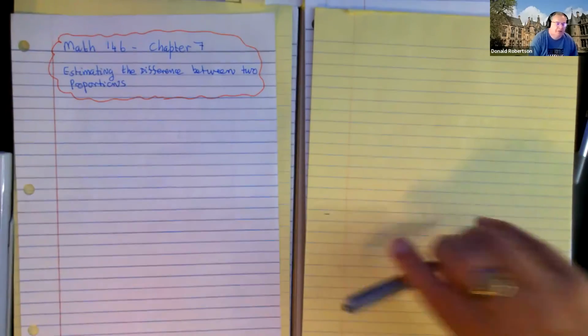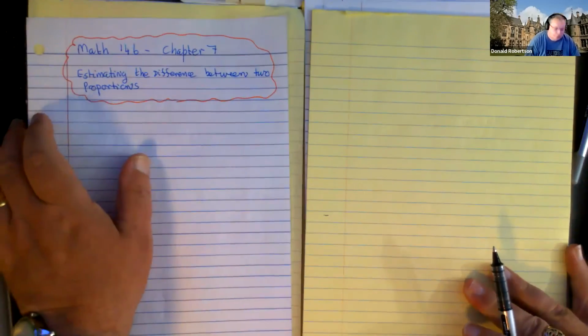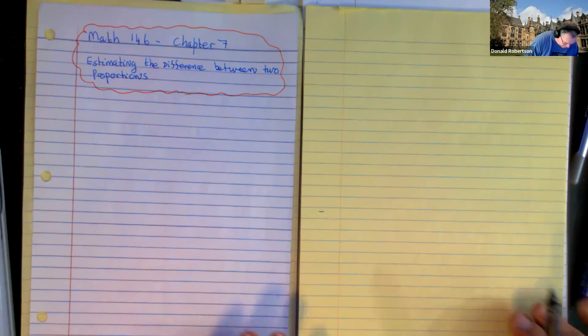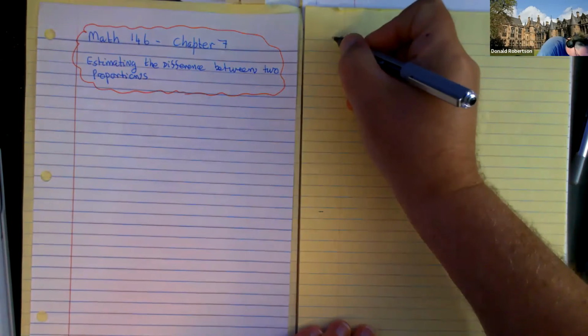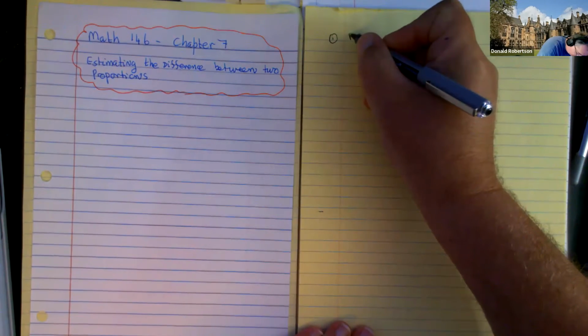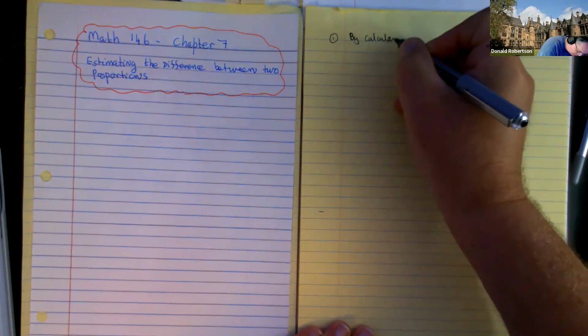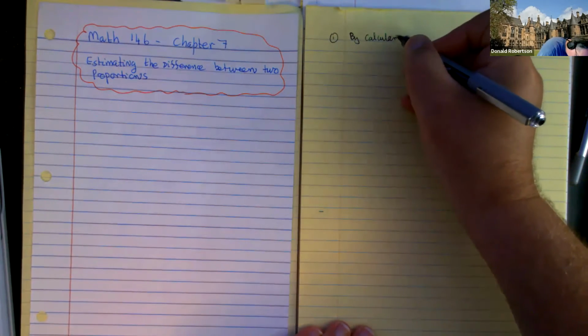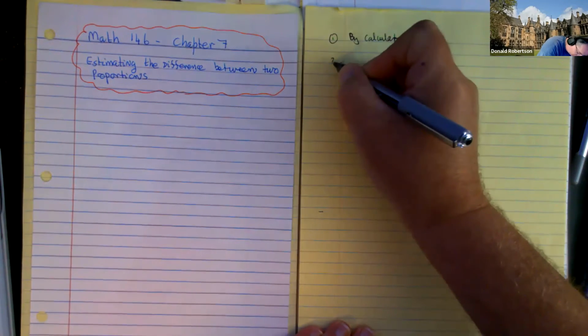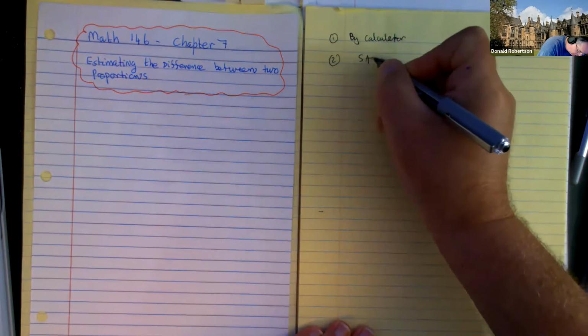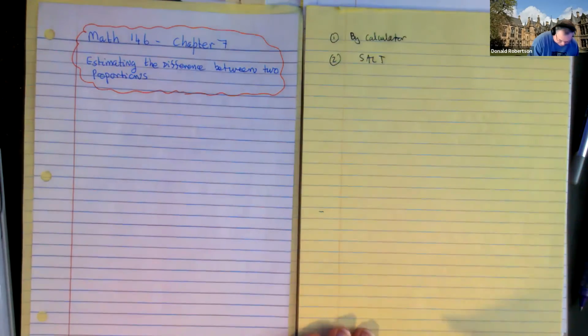How do you estimate the difference between two proportions? I'm going to show you, one, how to do it by calculator, and two, how to do it using Salt.